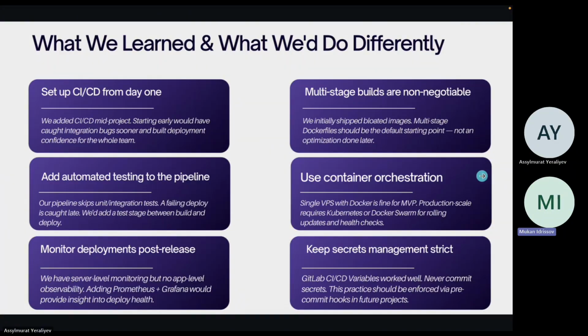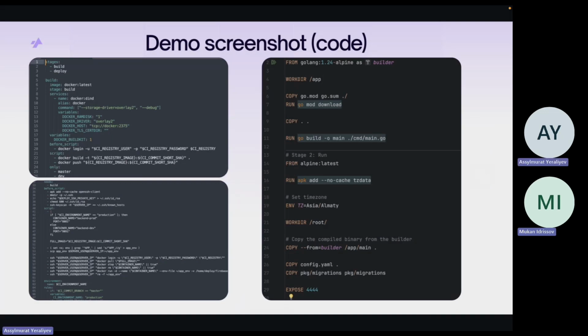And this next slide is about the demonstration, and Samara will talk about it. Here we have demo screenshots of 3 different stages. The first one is our Docker image building and CI/CD. Second one, the CI/CD pipeline.